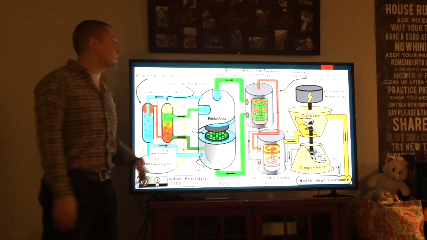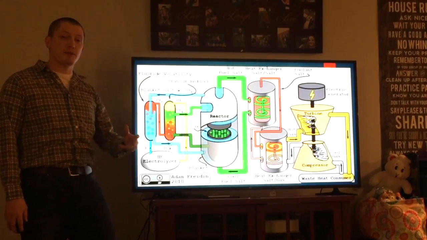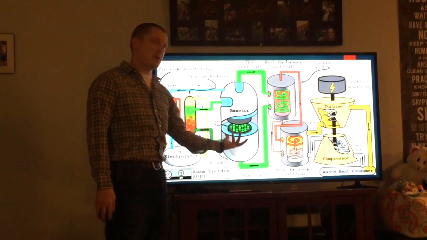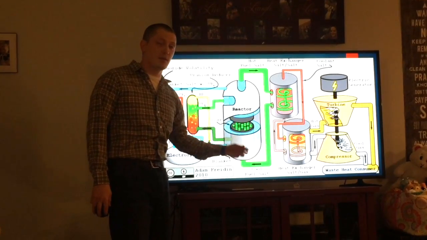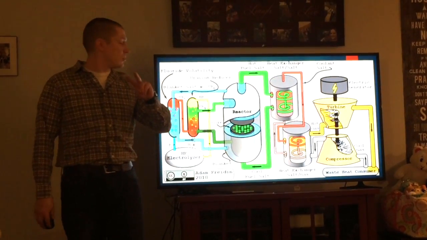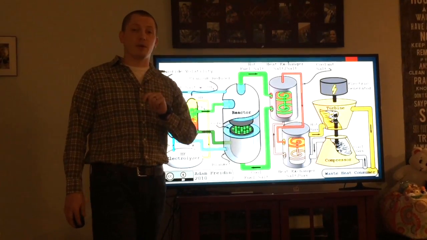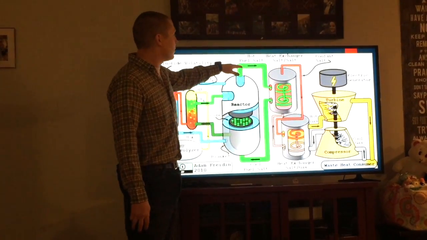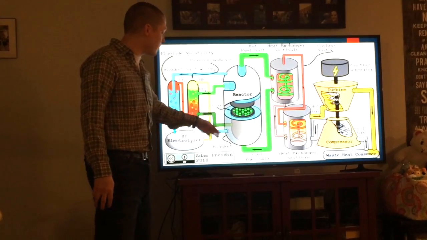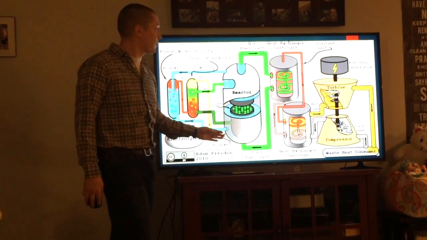Alright, so this is a simplified diagram of LIFTR. In the middle, as you can see, we have a reactor. This reactor has two molten salt loops flowing through it. You have your fuel salt, and then you have your thorium blanket salt.